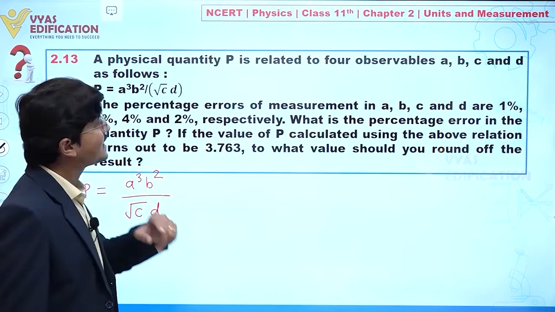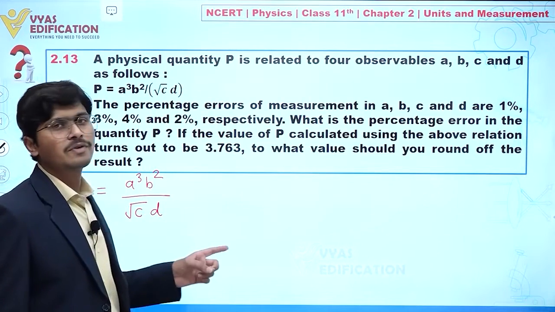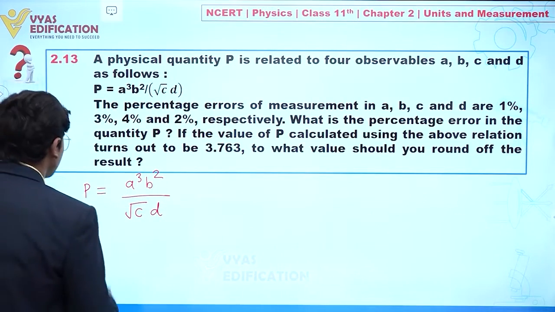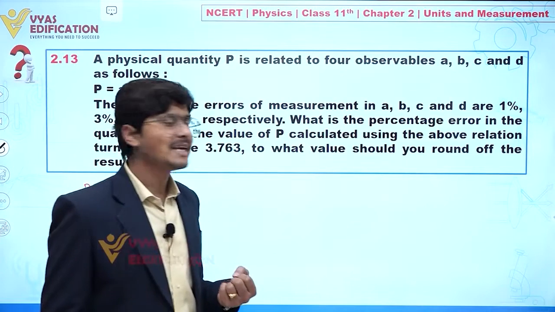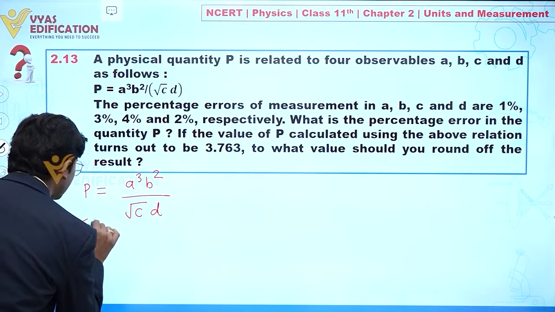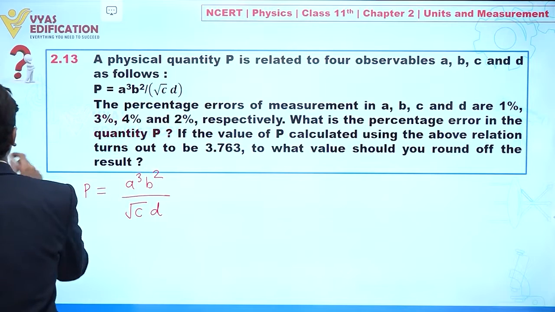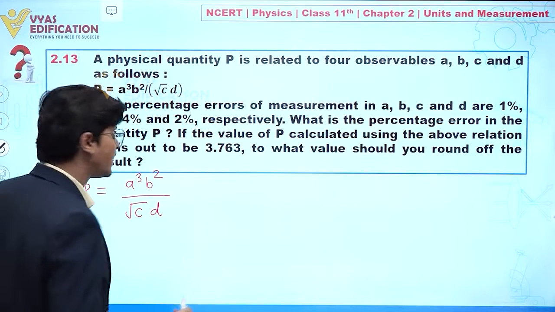The percentage errors in the measurement of A, B, C and D are given to you as 1%, 3%, 4% and 2%, clear. So now we have to find what is the percentage error in the value of P, clear. So we can write like this directly, actually you know the expression for how we can find error.